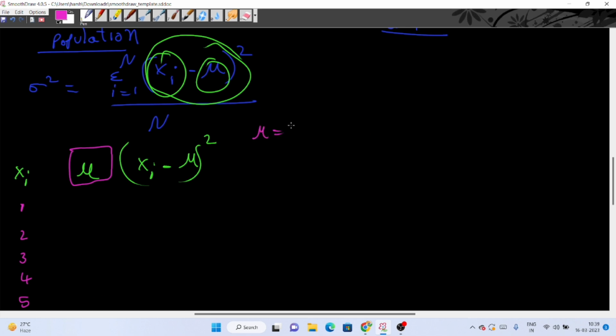Now let us find mu, which is the average. Mu is equal to 1 plus 2 plus 3 plus 4 plus 5 divided by 5, because we have 5 numbers here. That equals 15 by 5, which equals 3. So the mu value will be 3 here.